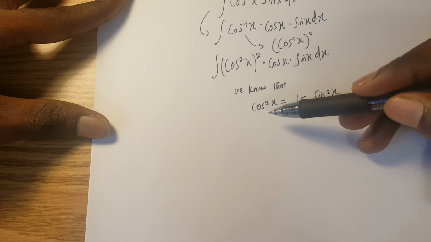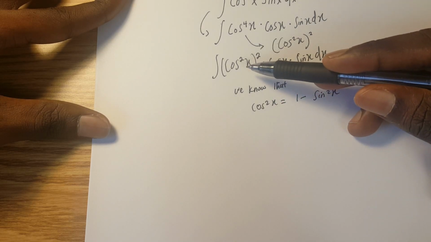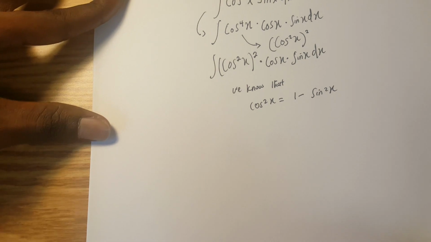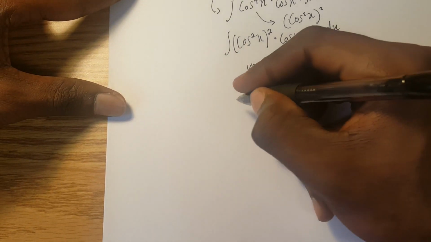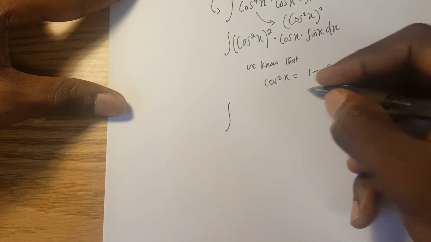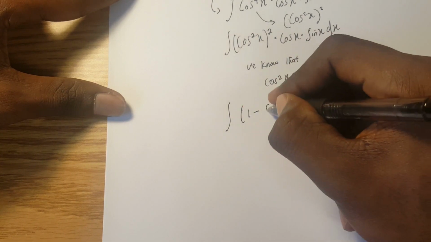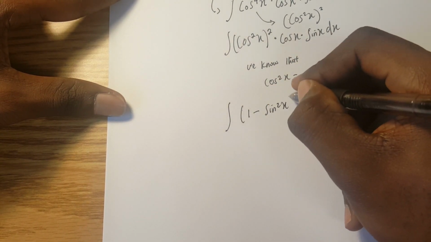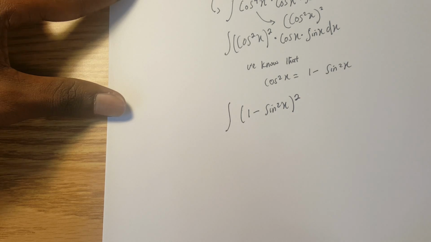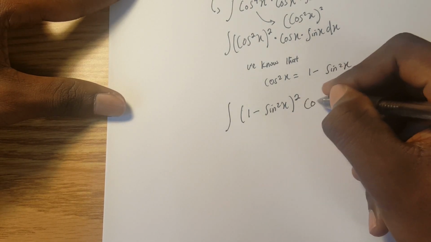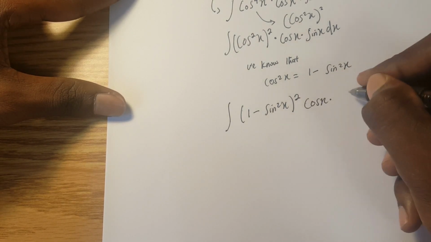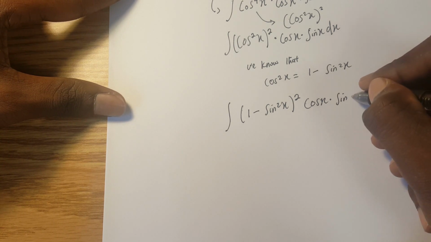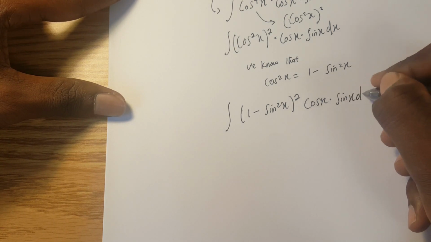So we're gonna substitute for cosine squared x. We're gonna have 1 minus sine squared x all squared, times our cosine x, times sine x dx.